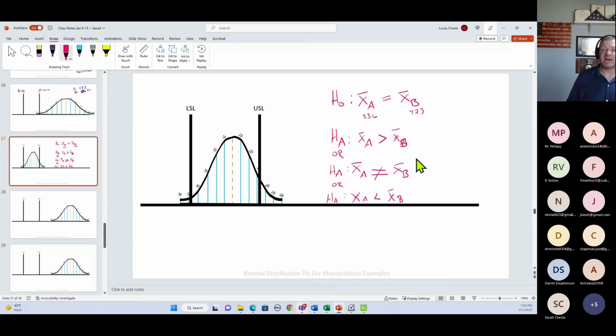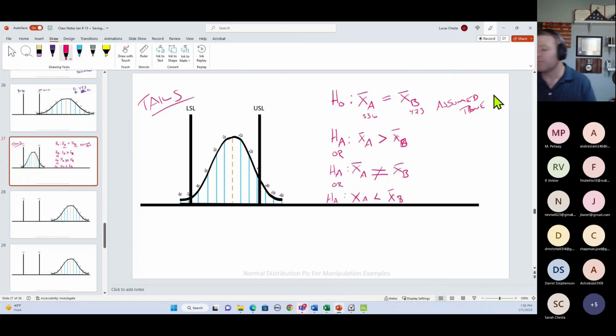These are actually different because they are talking about the tails. I'll get to the tails in a moment. But right now, for the null and alternate hypothesis, what we want to say is, all right, our null hypothesis here is assumed to be true unless you provide enough evidence in your experiment that it's not.